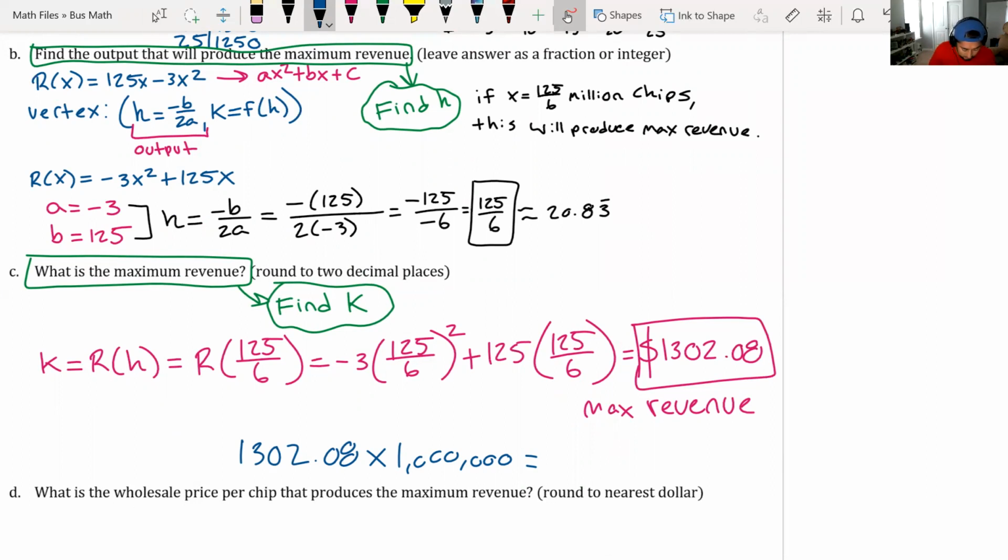That would give me billions, wouldn't it? We'd be rich. Let's just say that. So if it wants that number, you just take whatever we got for max revenue and say it's in millions or put it into millions.